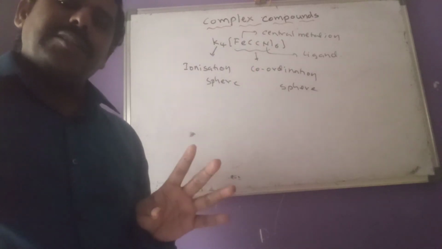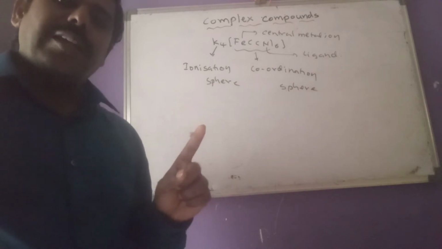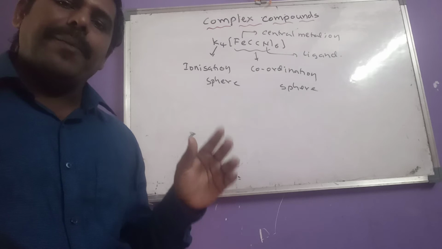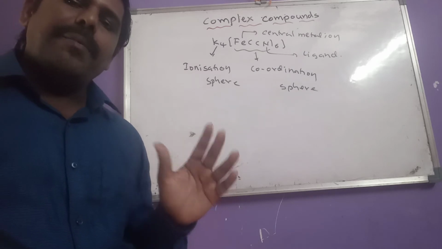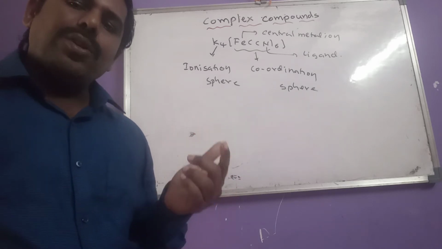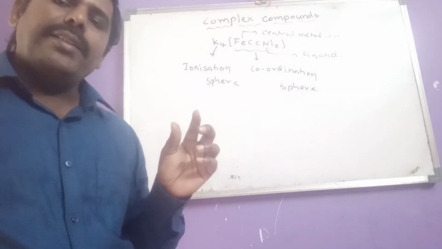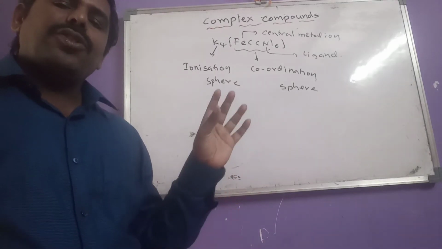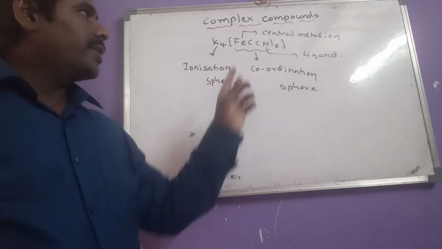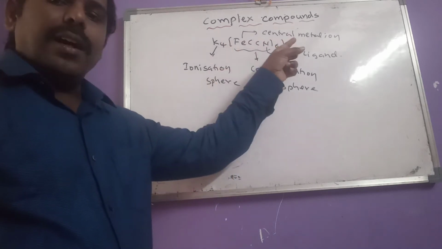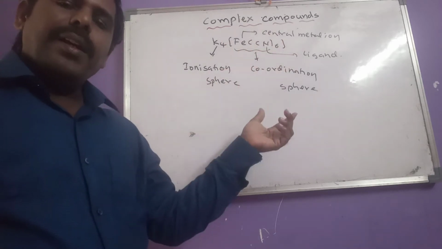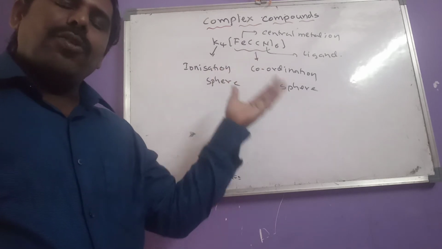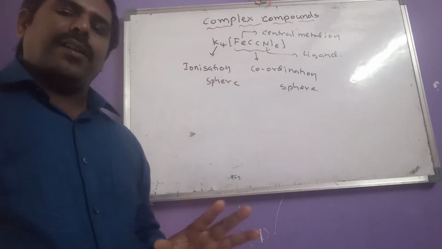First one is all transition metals are having smaller atomic size, high nuclear charge, and they have vacant d orbitals. So due to these three reasons, transition metal atoms will form complex compounds readily by losing required number of electrons.